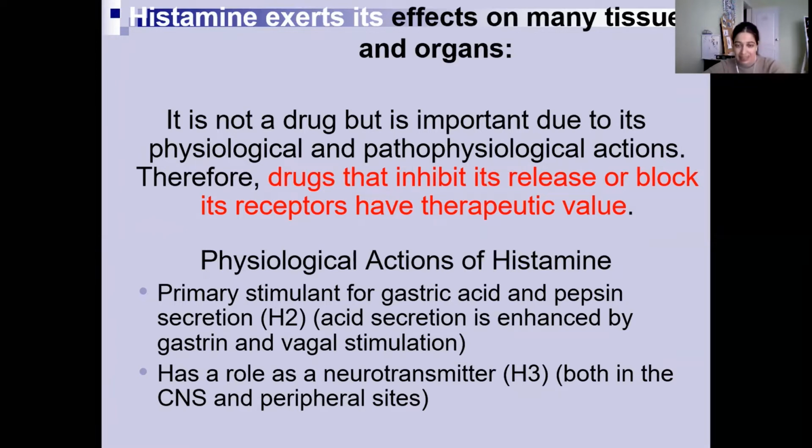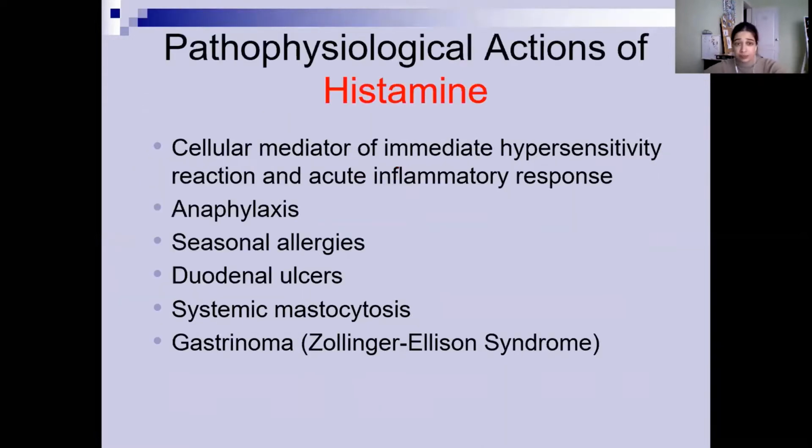Primarily, it's the stimulant of gastric acid and pepsin secretion via H2 histamine receptors in the stomach. Acid secretion is enhanced by gastrin and vagal stimulation also, and it also has a role as a neurotransmitter for H3 receptors, both in the CNS and peripheral sites.